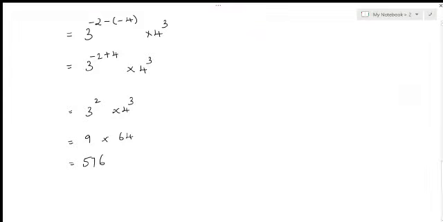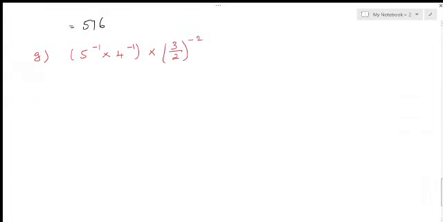Let us see G sum. G question. 5 power minus 1 into 4 power minus 1 into 3 by 2 whole power minus 2. Here we are going to use a power minus 1 can be written as 1 by a, and a by b whole power minus m equals b by a whole power m.